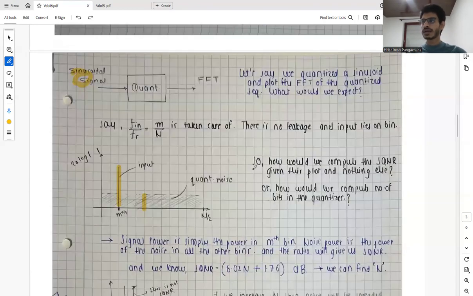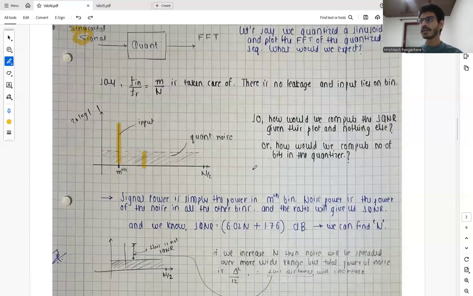So the comment is that the signal power is simply the power present in the mth bin, but the noise power is the power of the noise in all other bins, because it's white noise and it's spread throughout the bins. So the ratio will give us the SQNR. We will take the power of this input, but the noise power will be the power of all the bins, not just a single bin.